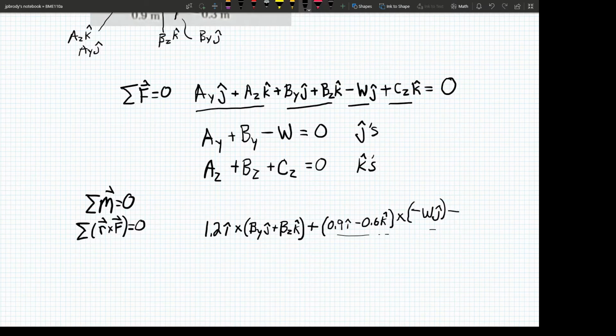And now I just need to do the final one, which is the R cross F at point C. Here, so I'm going to write it down. Here's the R vector. It's 0.6 in the i hat direction.